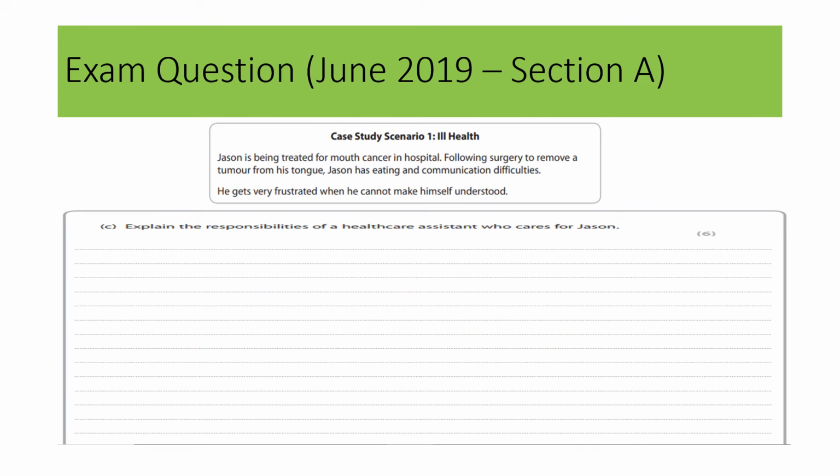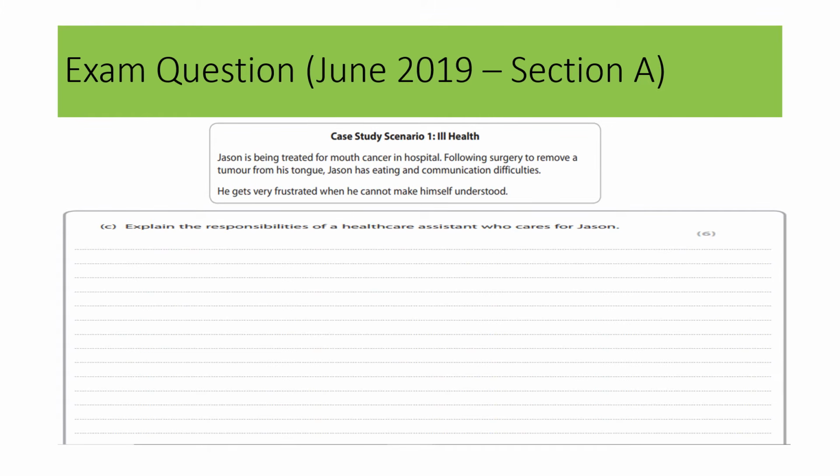So here's an exam question from the June 2019 paper, section A. The scenario is Jason is being treated for mouth cancer in hospital. Following surgery to remove a tumour from his tongue, Jason has eating and communication difficulties. He gets very frustrated when he cannot make himself understood.